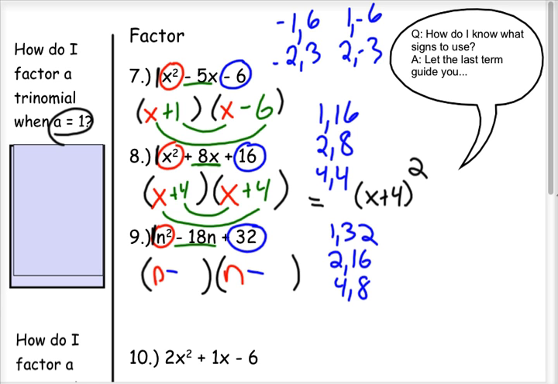What adds to negative 18? Well, if I put in negative 2, negative 16, that should give it to me. So I'm going to check my work. Negative 2n, negative 16n. That does add up to the negative 18n. So I've done this one right.